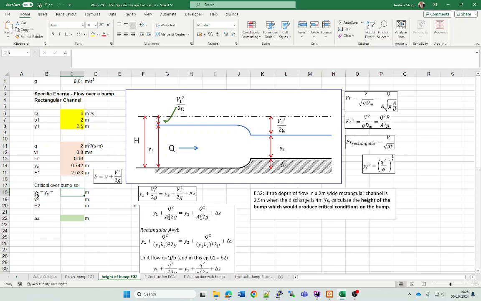It's critical over the bump, so Y2 equals YC equals the YC that we've just calculated. So that's the height over the bump. Energy at 2 will be the energy at that depth.